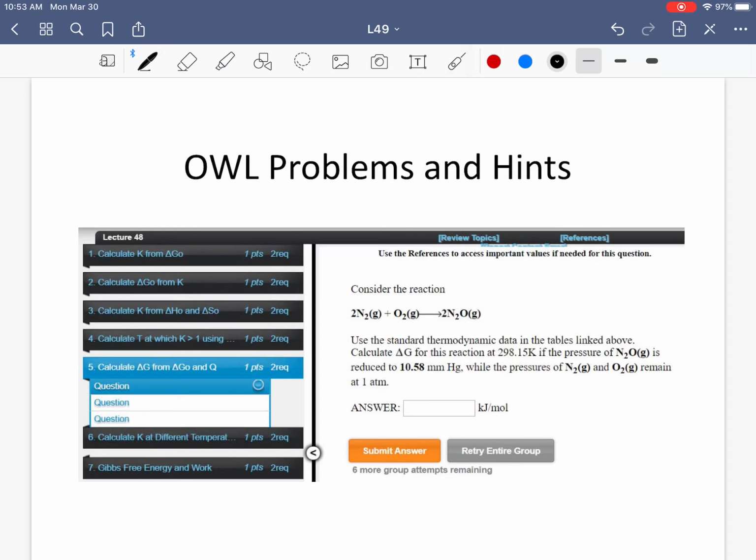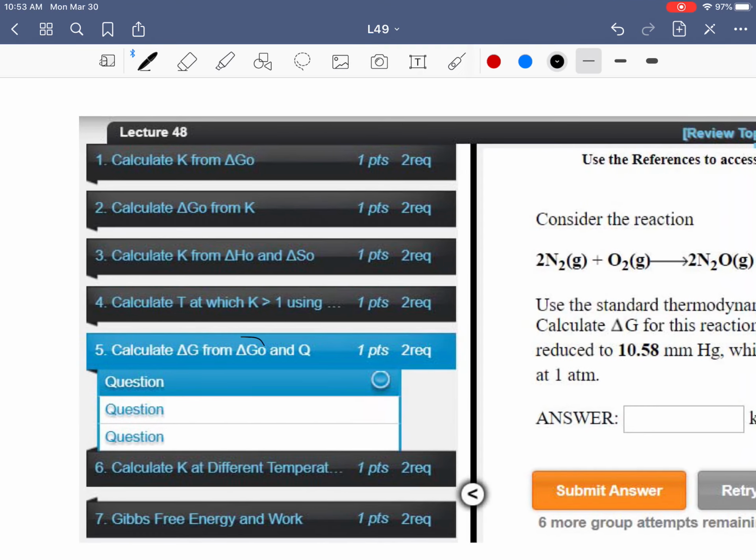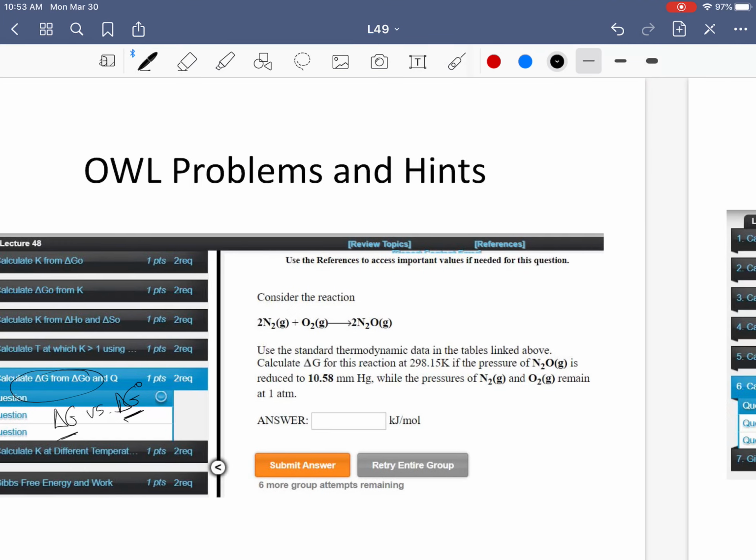All right, number 5, we're getting into seeing if you can recognize the difference between delta G and delta G naught. So this is at standard temperature and pressure, and this is at non-standard temperature and pressure.